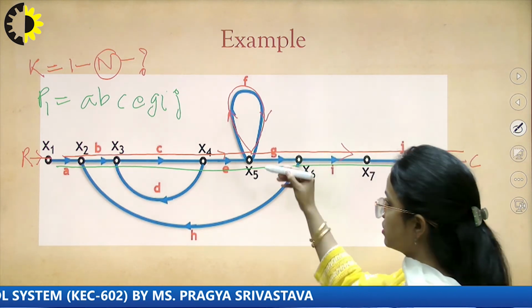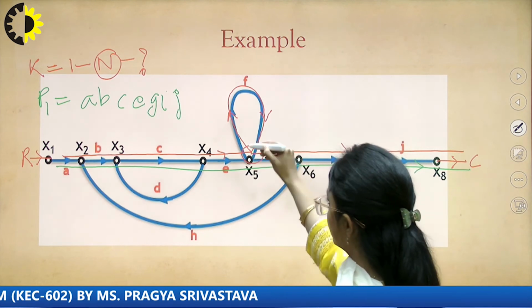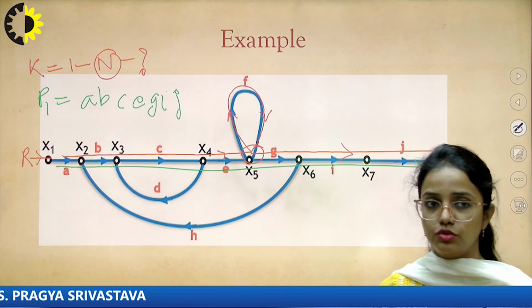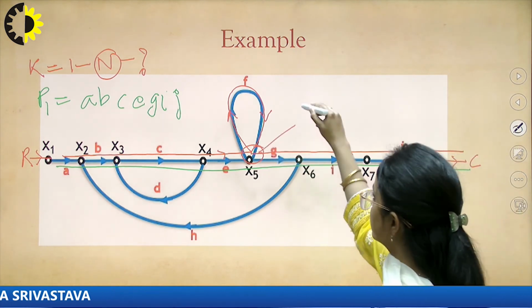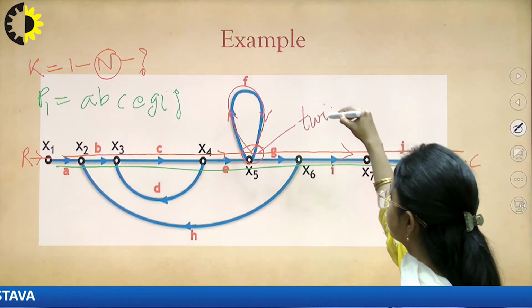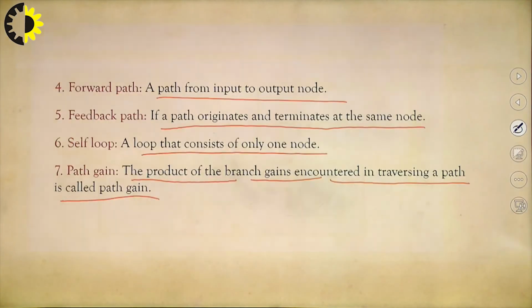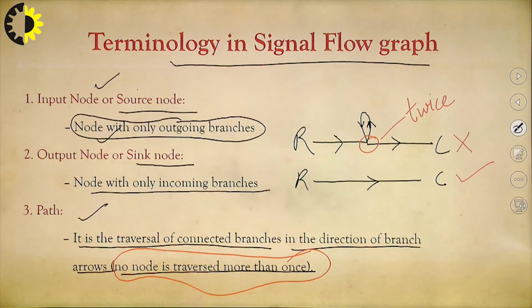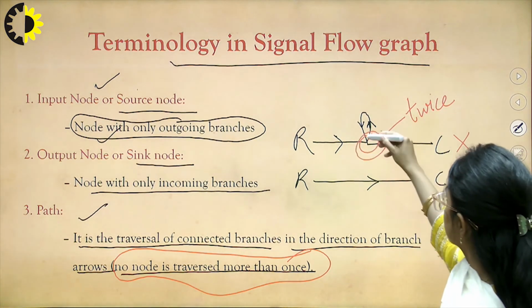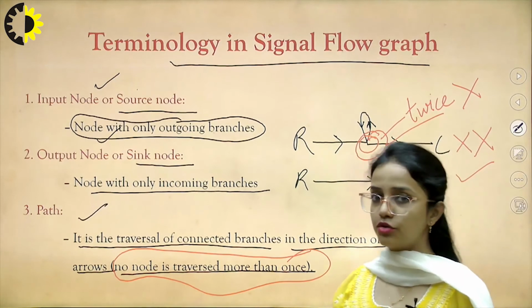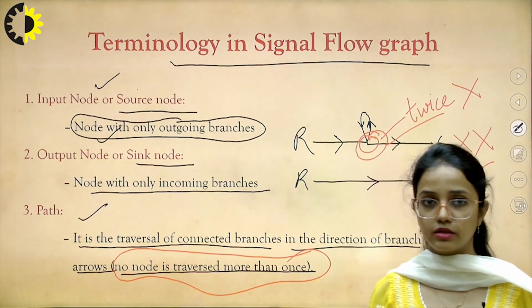But how many times have we traversed this node x5? The answer to this question is 2. So we have traversed twice, and previously we have learned that this traversing twice is not allowed while considering a path.